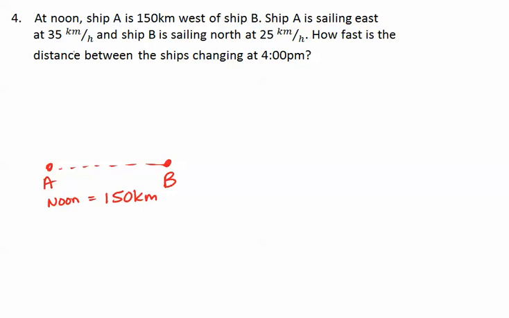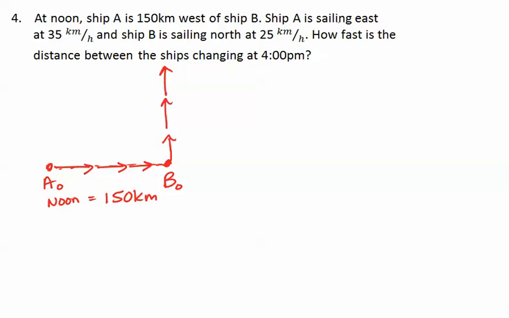Ship A is sailing east, so ship A is headed this way. So at every point in time, it's going to be at a different location. And likewise, ship B starts at this position, but it is actually sailing north. So ship B is going to keep moving. So these are A0 and B0, and they're going to be in different positions.